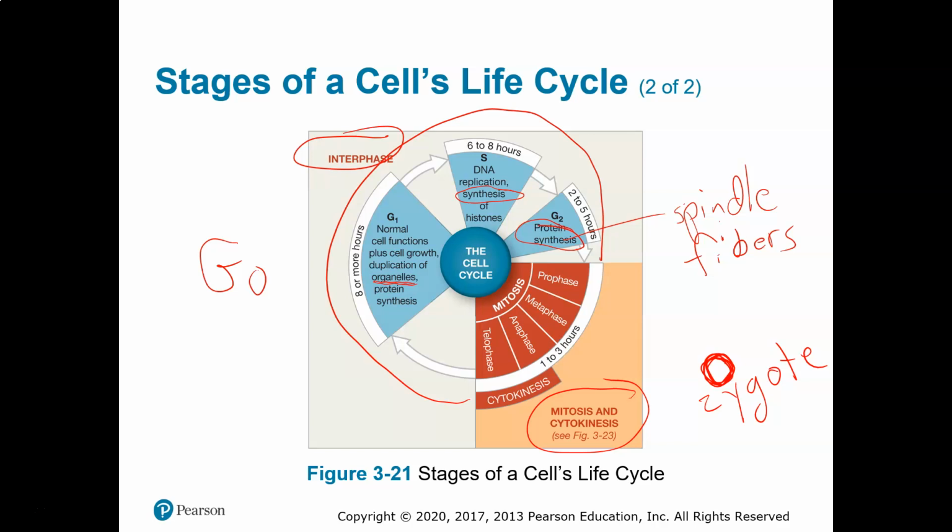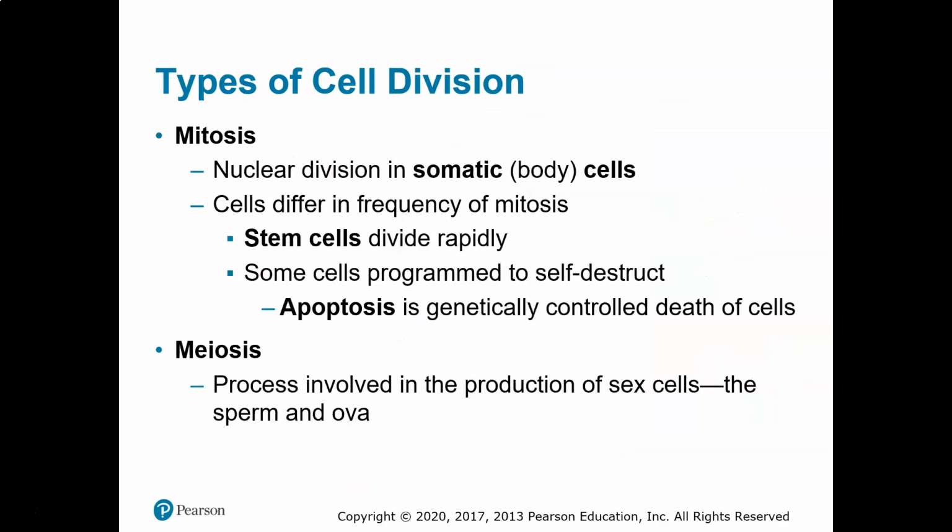And that's what I mean. All these cells have to divide in order to produce the final mature organism. So every time they divide, they go through interphase, G1, S, and G2, and then mitosis, prophase, metaphase, anaphase, and telophase, and cytokinesis, which is the actual splitting in half of the cell.